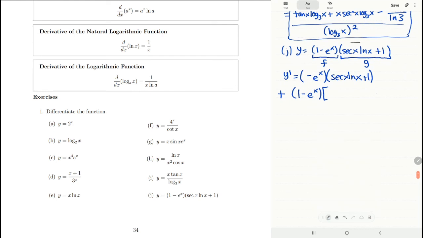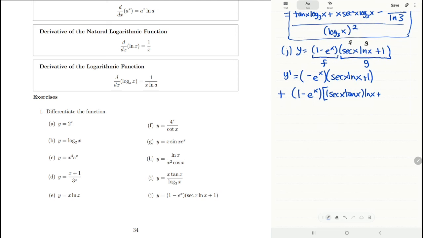So we can call secant of x as f, and the natural log of x will be our g. So applying the product rule to those two functions, the derivative of secant x is secant x times tangent of x. That's multiplied by the natural log of x.